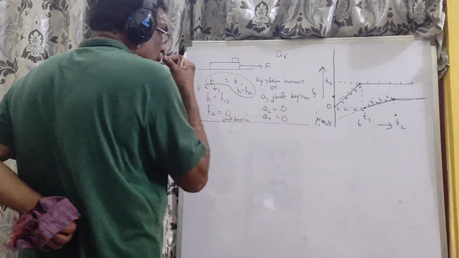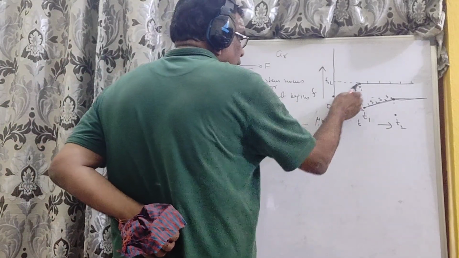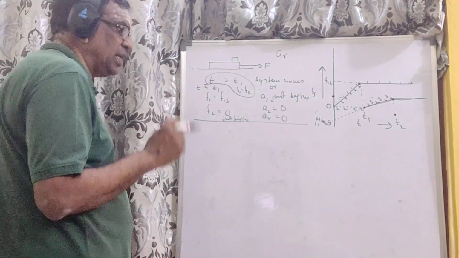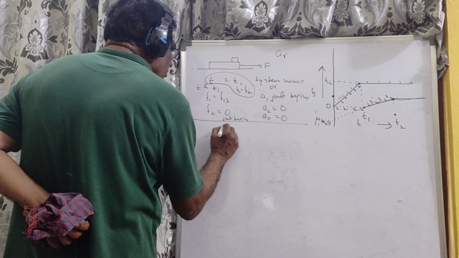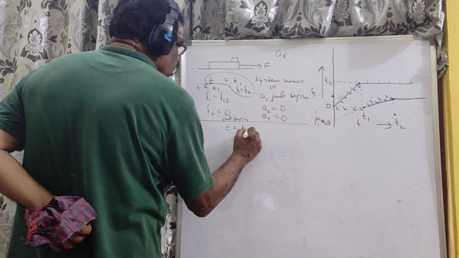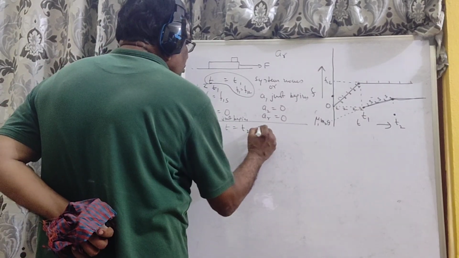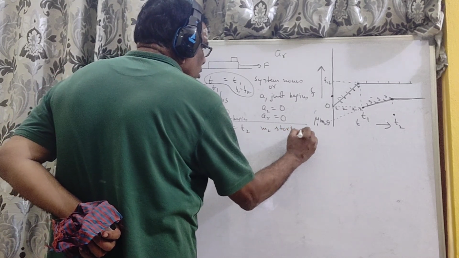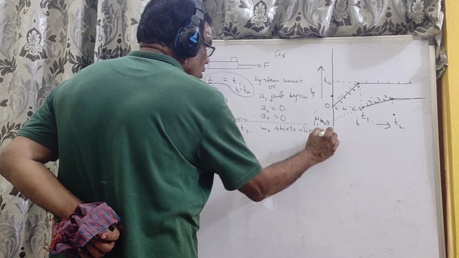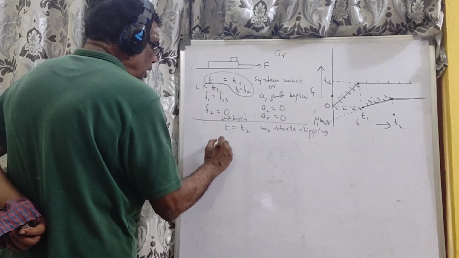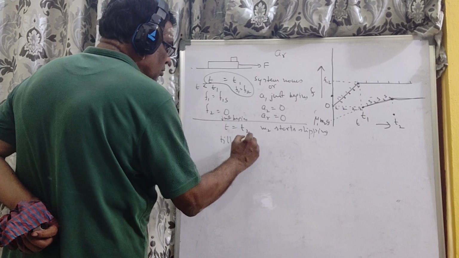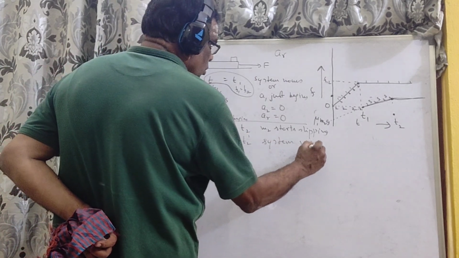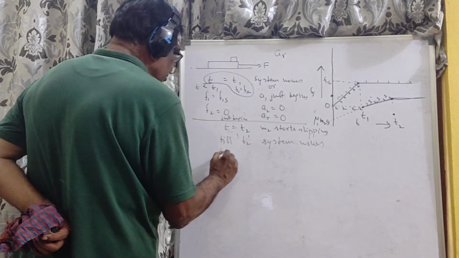Remember, every time you get that equation, you got it as F is equal to KT, which is equal to F1S. So the slope there is K. We got it like that. Fine. Now, T is equal to T2. M2 starts slipping. Now, this is important. Till T2, system moves together.